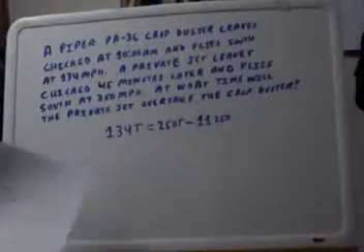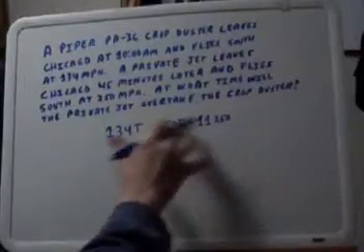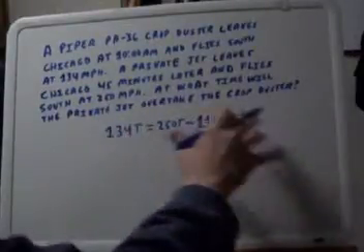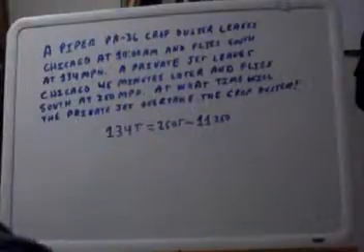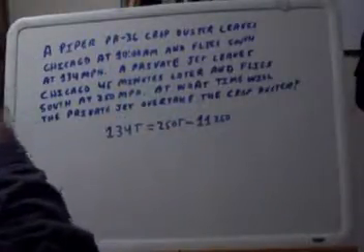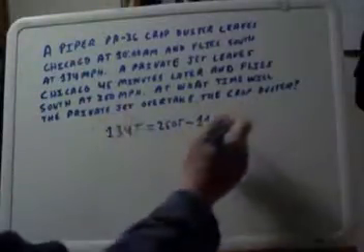The reason we do it that way is because we distributed the 250 miles an hour into that other equation. Remember, we had those parentheses and a number outside them. We multiply the number outside the parentheses with all the stuff inside of it. That's how we got this.